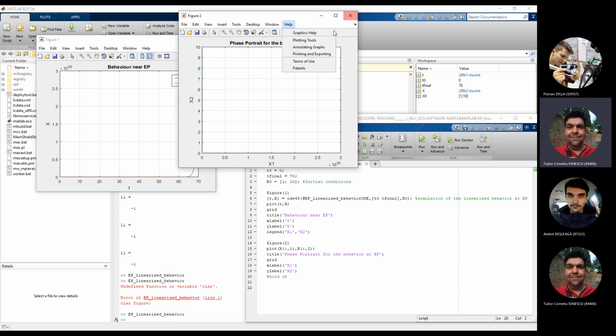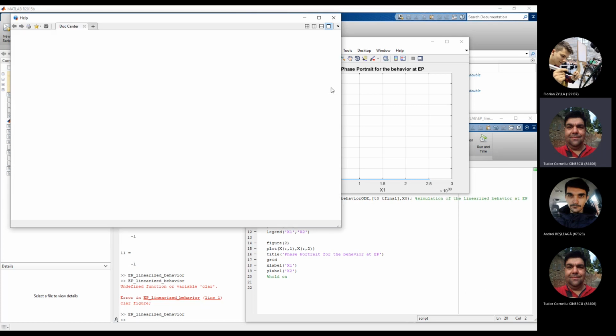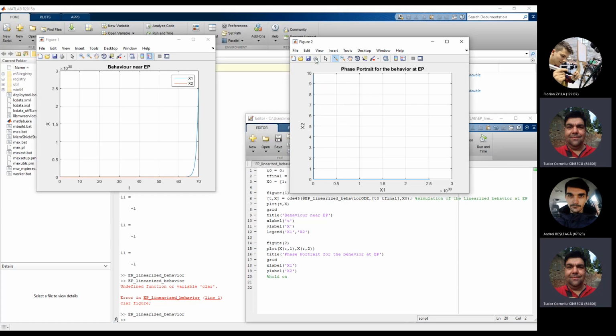Yeah. No. This is a saddle point. It's not so easy to see, but you can see the type of trajectory. It's unstable. It's a saddle point. Okay, it's unstable. You can zoom in if you like. What happened? Oh, pushed help. So you can just zoom in.